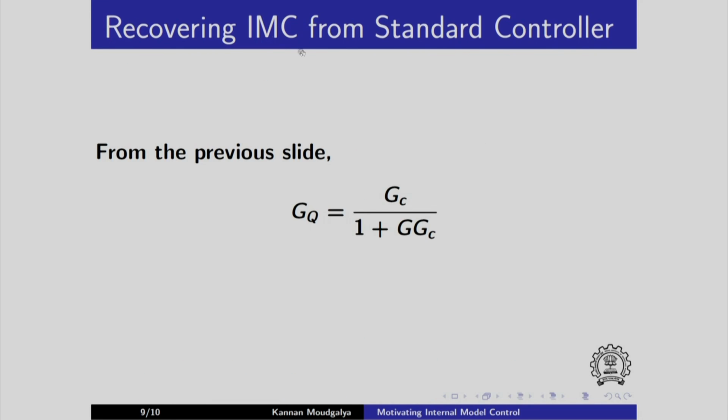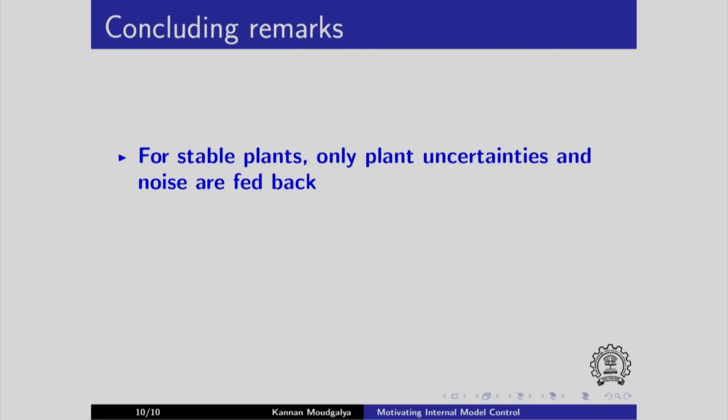Can we recover IMC from the standard controller? Recall the equation that we derived in the previous slide. From this it is straightforward to back calculate GC. For example, if GQ is given, we can always calculate GC from this. To conclude, in this method we feed back only noise and plant uncertainties.